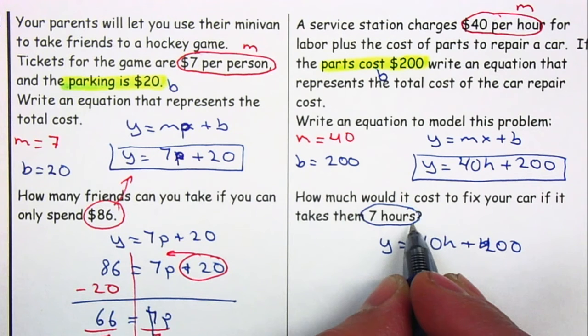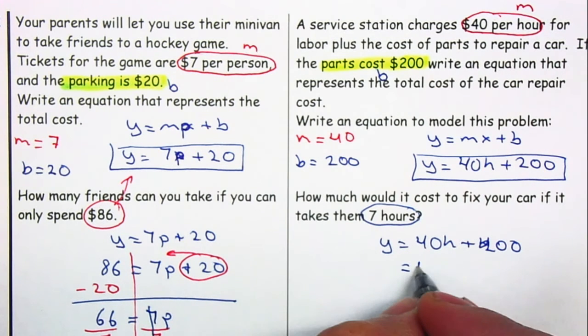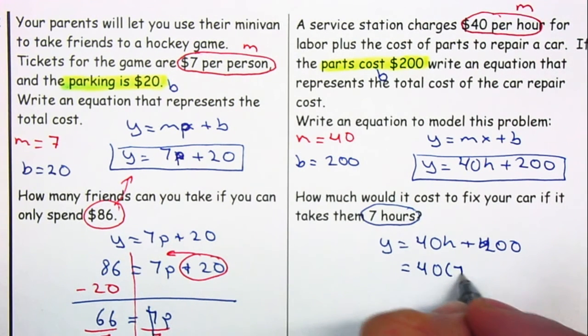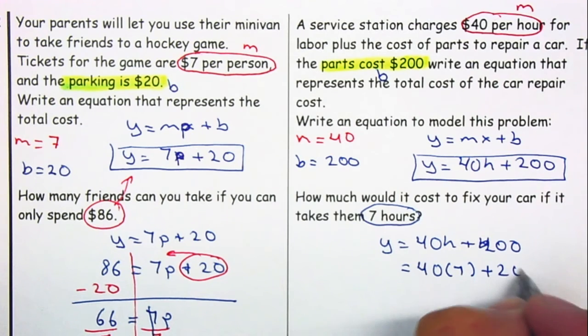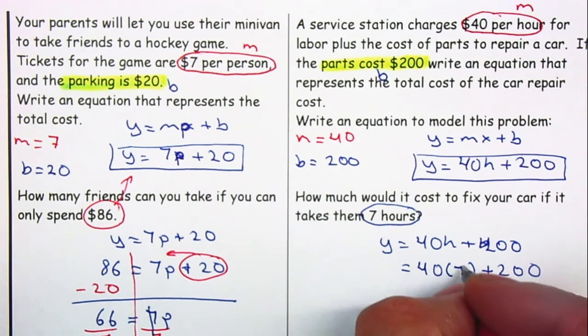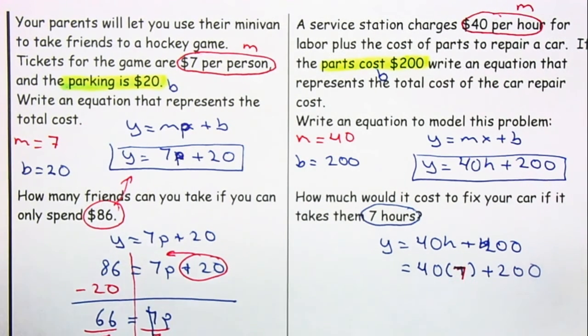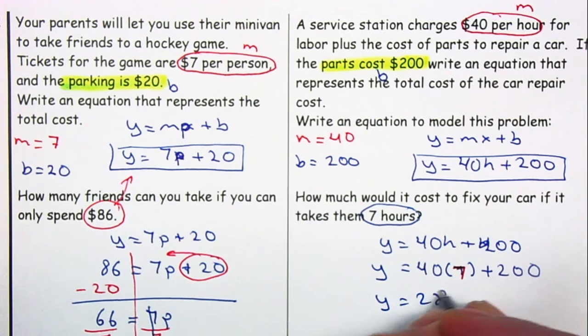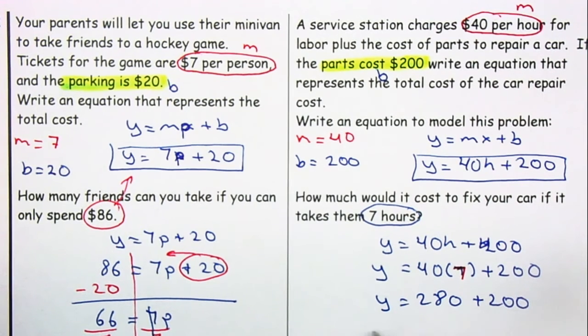If they're working 7 hours, it will be 40 times 7 plus 200. So I replace that h with a 7. Now I can just simplify. Y is equal to 280 plus 200. So y is equal to 480, and that'll be dollars.